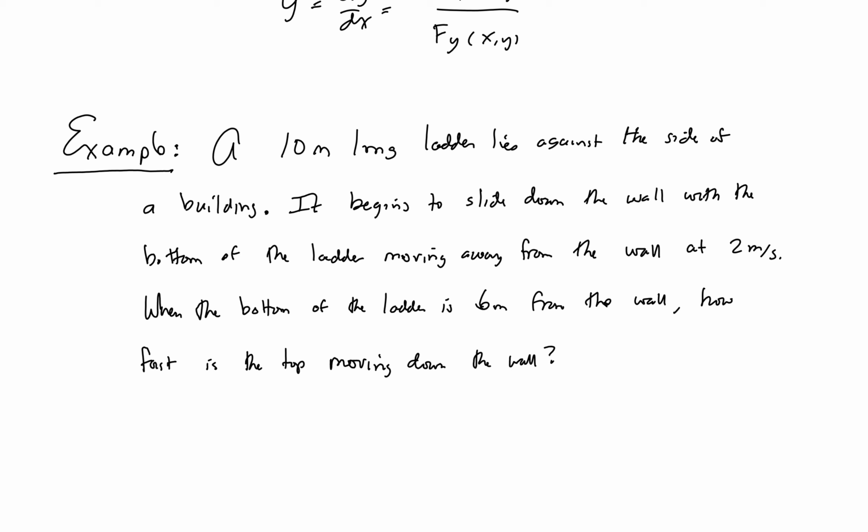Okay, so once the bottom of the ladder is 6 meters away from the wall, how fast is the top of the ladder moving down the wall?